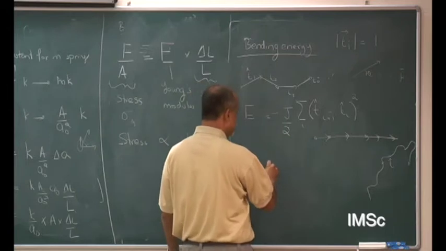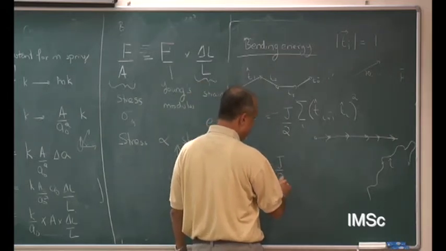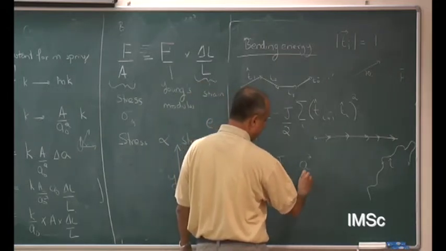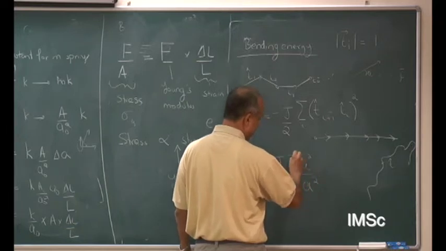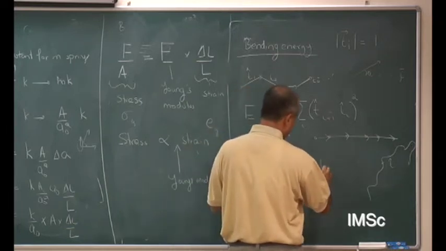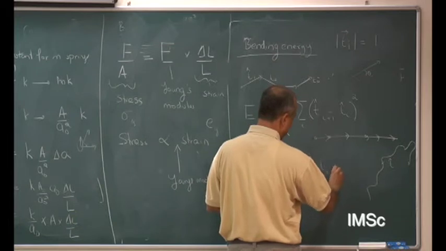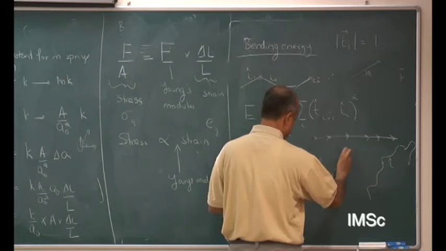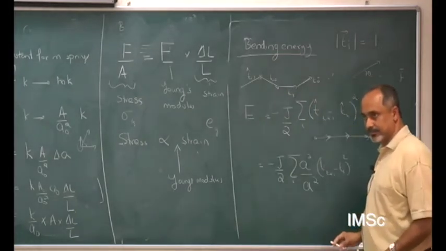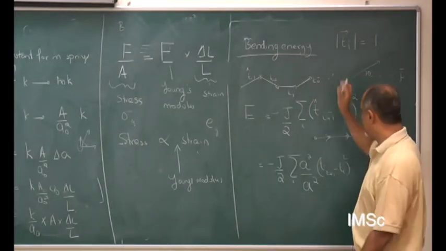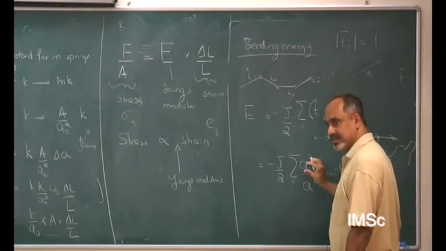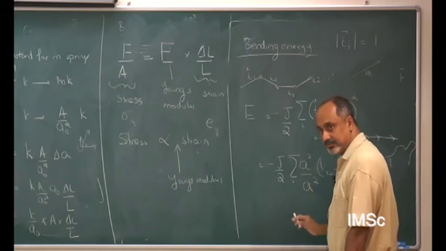Let's just write this as minus J divided by 2, put in a factor of a squared here, a squared divided by a squared, sum over i, write this as t_{i+1} minus t_i squared, and write this sum. Okay? Now we want to take each of these a's, which is the size of each of these vectors, to be very small.